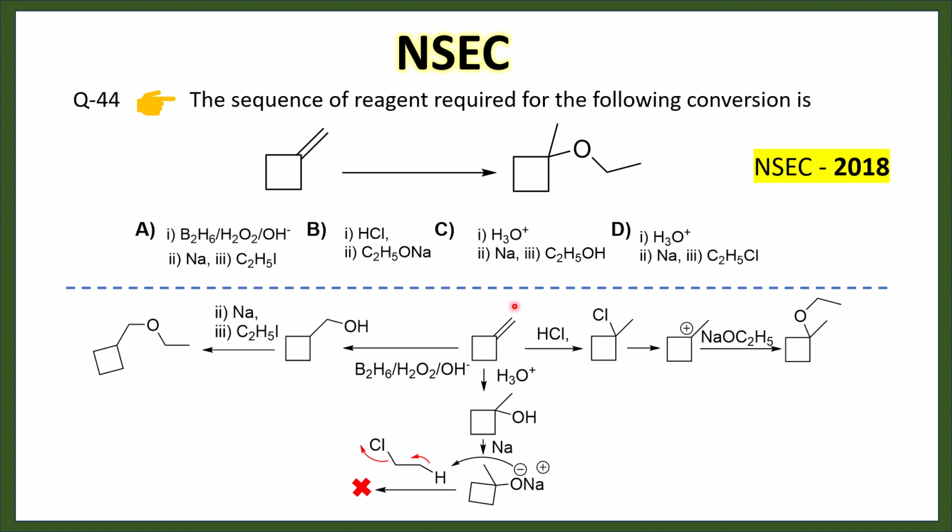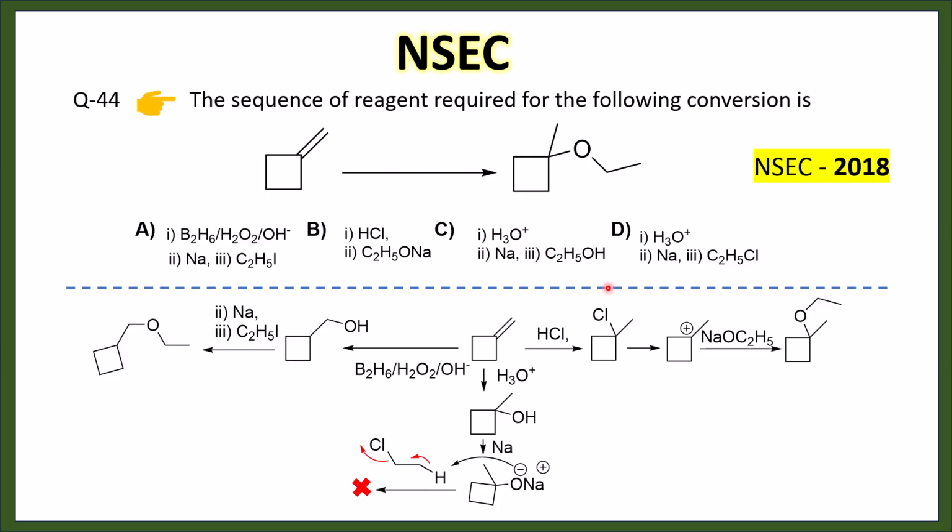Now this one: reaction with HCl and sodium ethoxide. HCl addition gives this product, and then the substitution reaction happens, initially by the SN1 pathway giving the stable carbocation; further addition of the nucleophile gives this product. So this is the correct set of reagents.